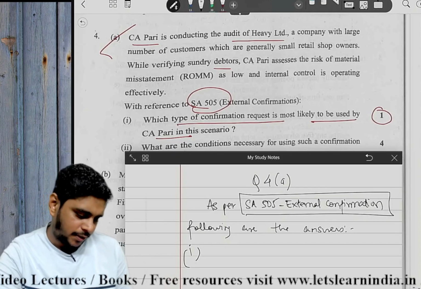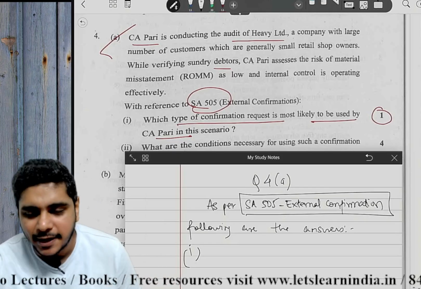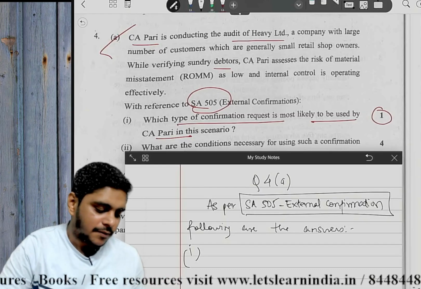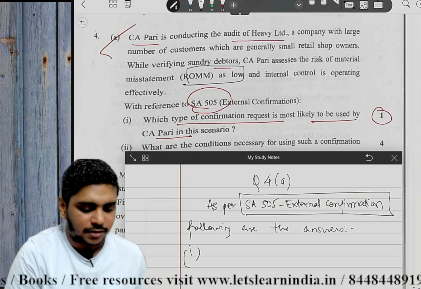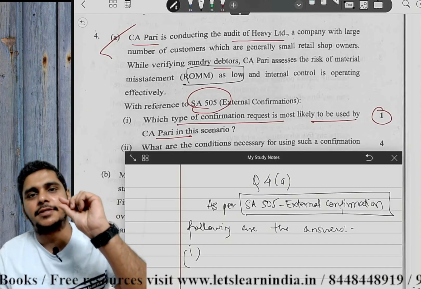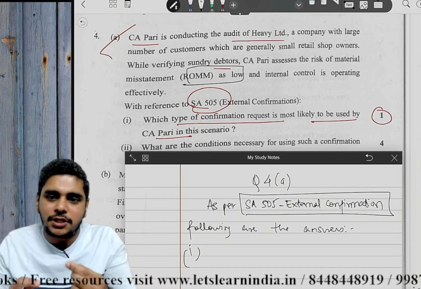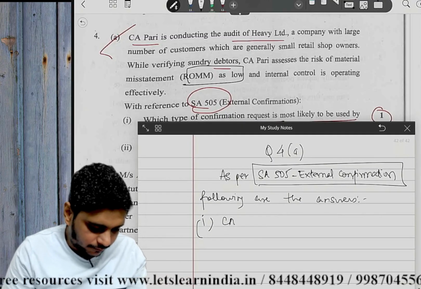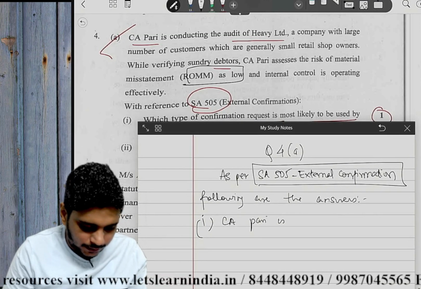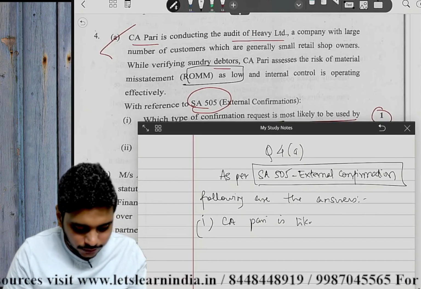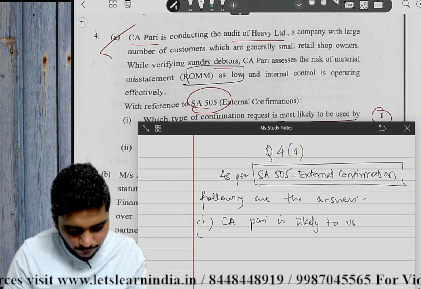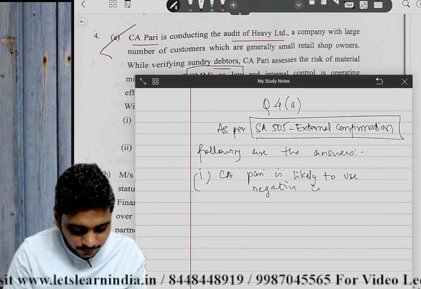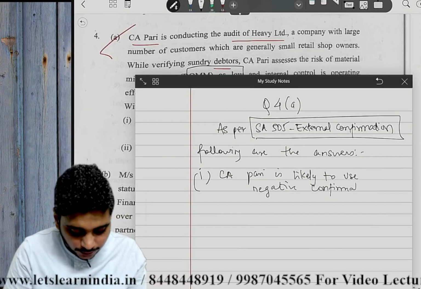So as per me, it should be negative confirmation request. Very good, Bhanu Kiran. It should be negative confirmation request, because negative is used where the risk of material misstatement is low and there are small homogeneous items. Homogeneous basically means similar items. So I will write, CA Pari is likely to use negative confirmation request.